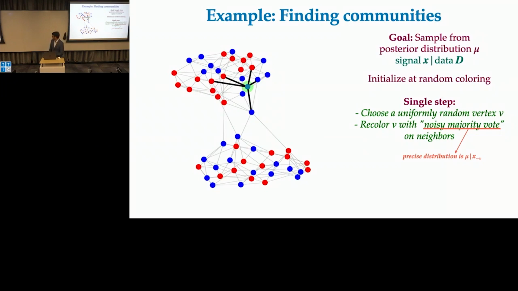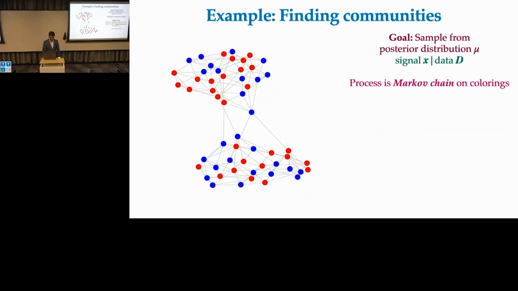In this case, because you have more red neighbors, you recolor it with some bias towards being red. And in fact, it does seem like we recolored it red. And we simply let this procedure run for some time. This particular process can be described as a Markov chain on the space of colorings of this graph.